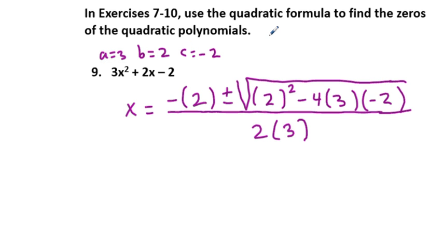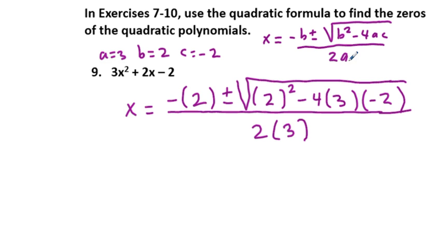So again, x equals -b plus or minus square root of b squared minus 4ac over 2a. That's what it is. There are quadratic formula songs. So now we're going to simplify. x equals -2 plus or minus.